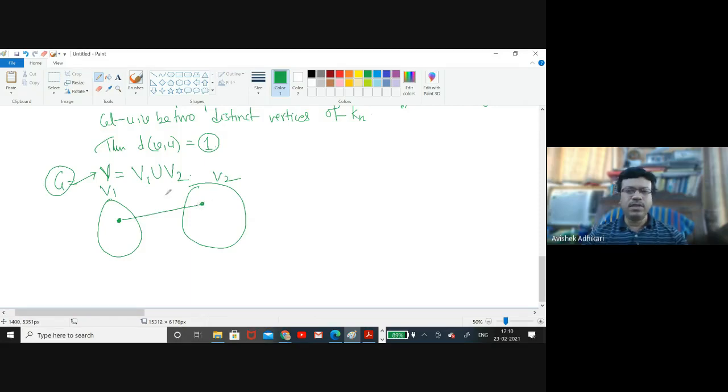What does it mean? Suppose you have a graph, so you must have a vertex set. We call this graph a bipartite graph if the vertex set is partitioned into two non-empty subsets V1 and V2, such that if you take any edge of that graph, one end will be from V1 and the other end should be from V2.